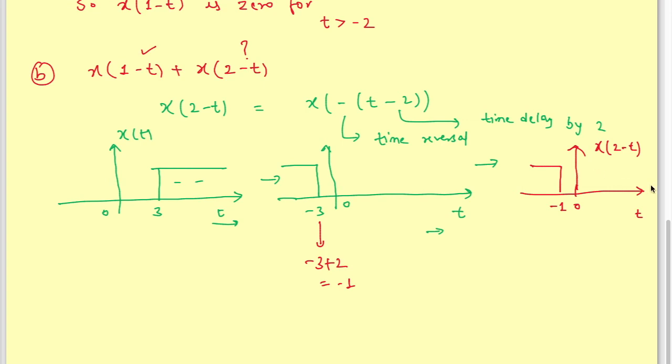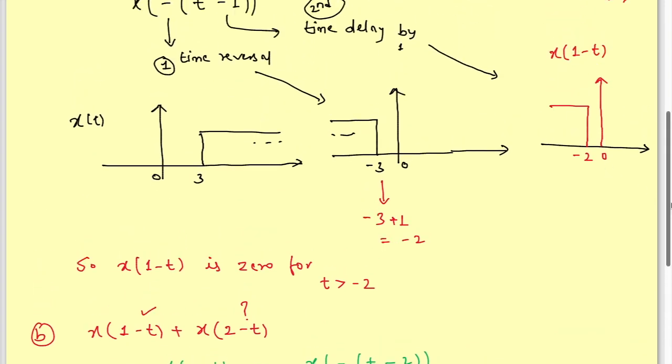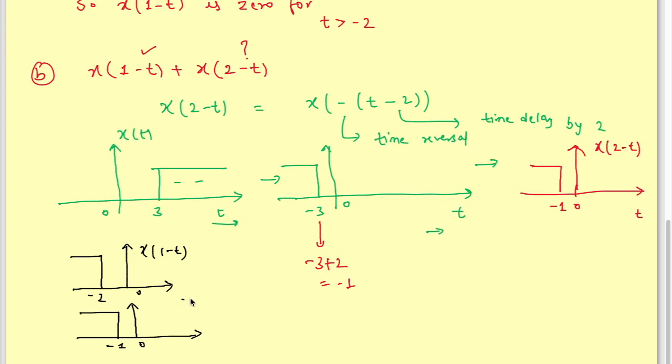Now I have to add both of these signals, x of 1 minus t and x of 2 minus t. This is x of 1 minus t, from minus 2, and this is x of 2 minus t. I have to add these signals. So my resultant signal will look something like this.